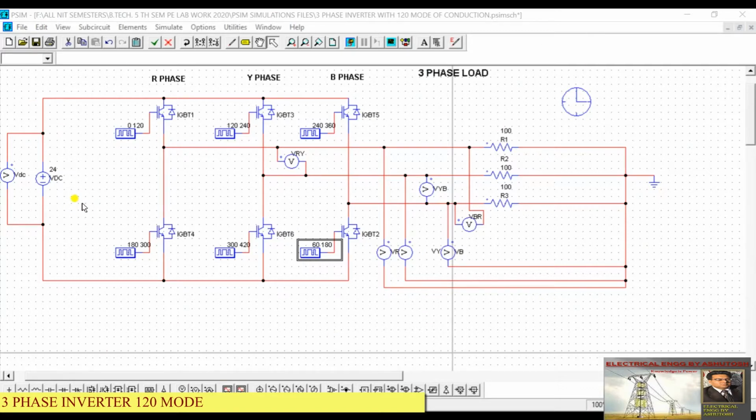You can see here this is the 120-degree mode of operation. I will explain the method and phenomena, what is going on here. See the waveforms.